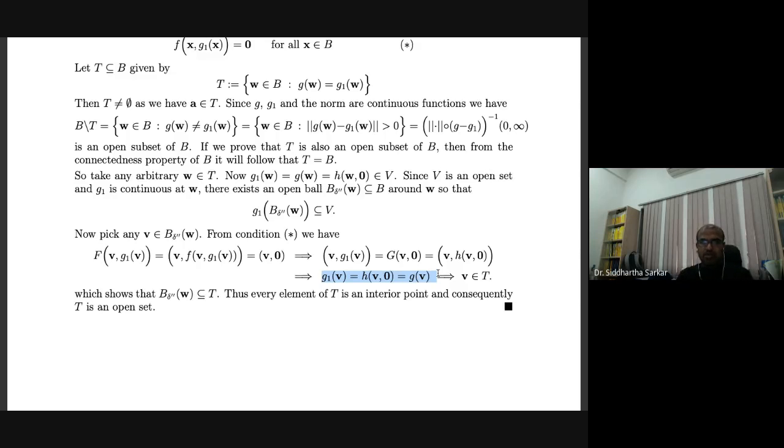We proved that on this open ball, these two functions agree. So that means this entire open ball around W is contained inside T. You start with an arbitrary point of T, you found an open ball around that point so that this open ball is entirely contained inside T. So T therefore should be an open set. And then I'm done.